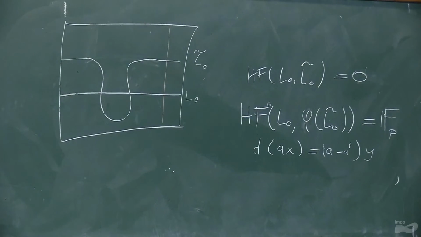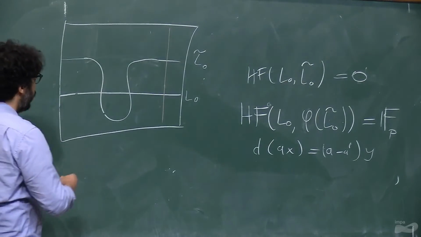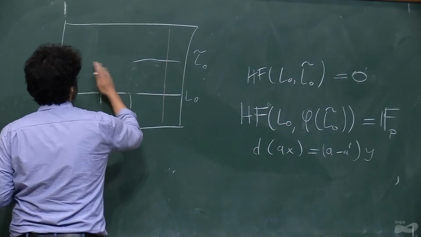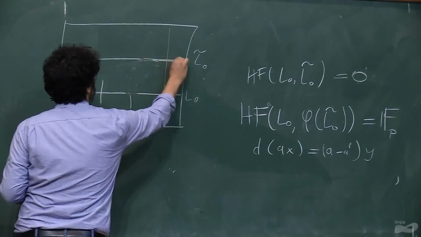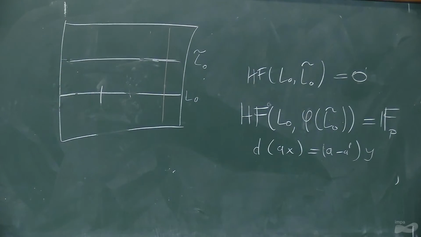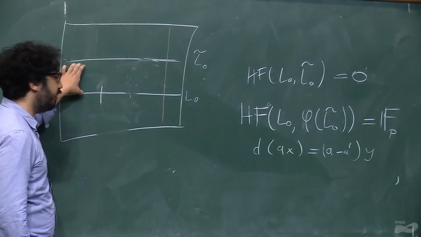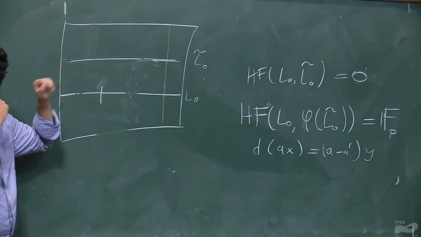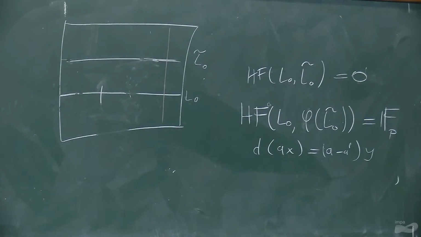The reason this issue arises is because of this annulus between L_0 and L_0 tilde. If I try to write the continuation map that will give this isomorphism, the continuation map has infinitely many terms corresponding to these holomorphic annuli, and they don't converge at t equals 1.